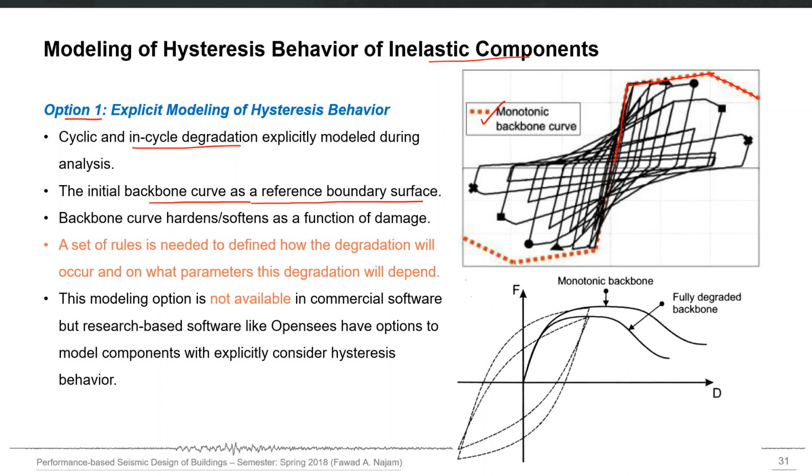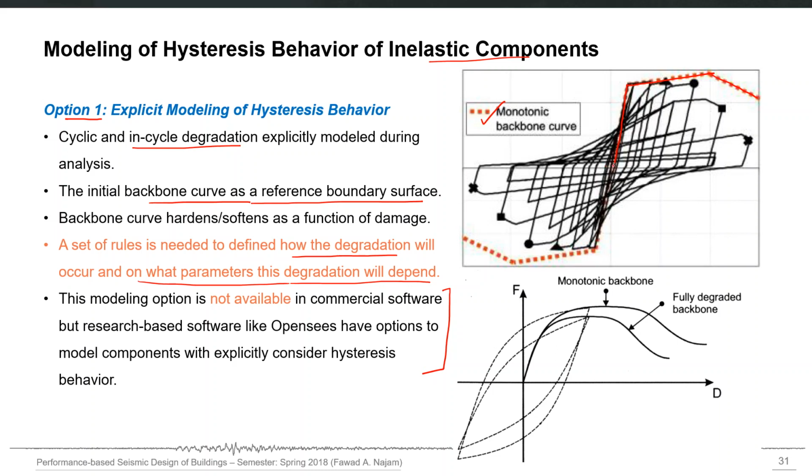So this curve, depending upon how much damage you experience, goes down or goes up, whatever is the behavior of a particular action deformation curve. So you need a set of rules to define how the degradation will occur and on what parameters this degradation will depend. So you have to explicitly tell the program, if you can actually do it. Later I will tell you that this option is not available in commercial programs.